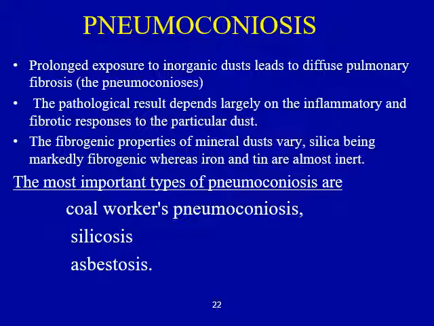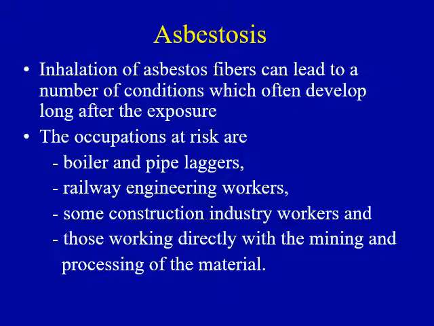The fibrogenic properties of mineral dust vary, silica being markedly fibrogenic, whereas iron and tin are almost inert. So the most important types of pneumoconiosis are coal-worker pneumoconiosis, asbestosis, and silicosis. We come to asbestosis.